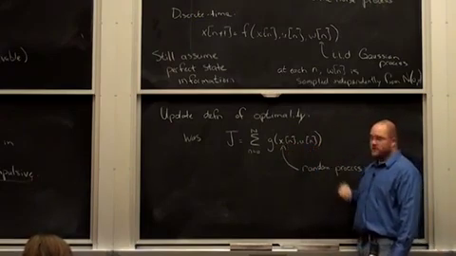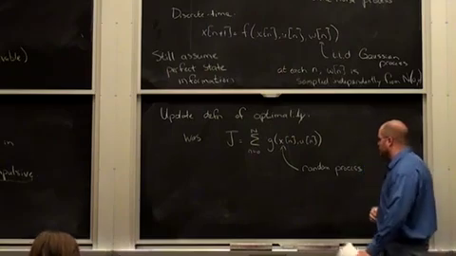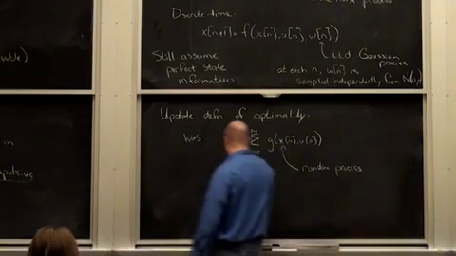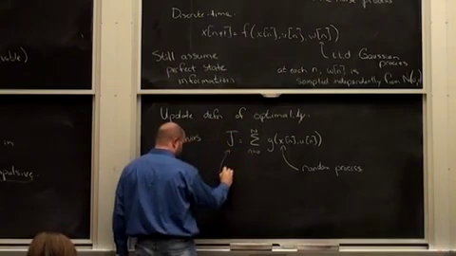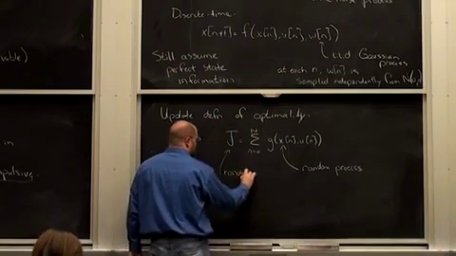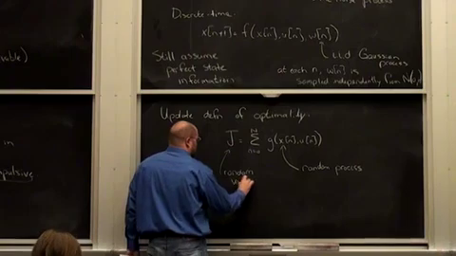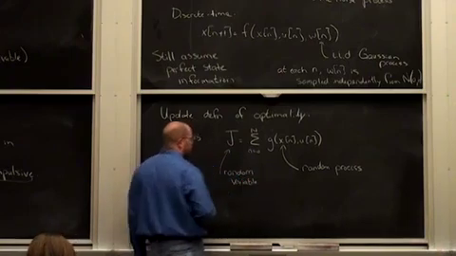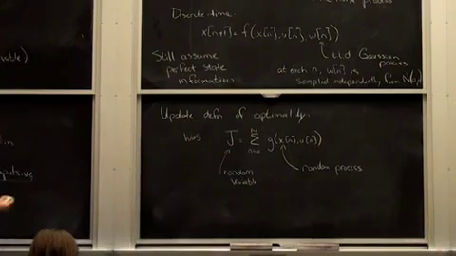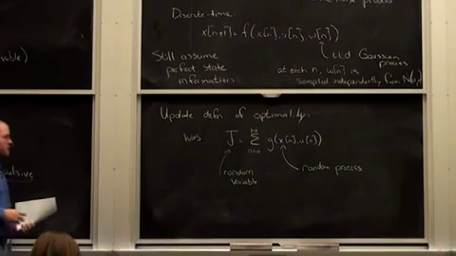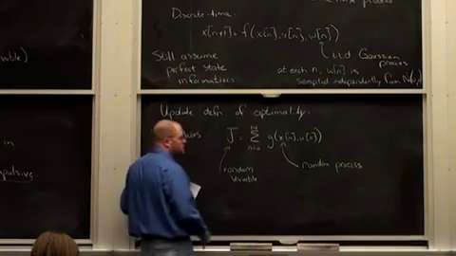X at time 3 will be different on every run. Which means J is also going to be a random variable. So it doesn't quite make sense to say my notion of optimality is some random variable.